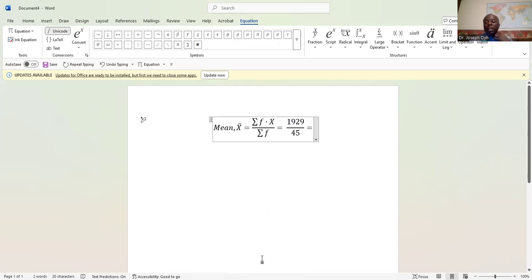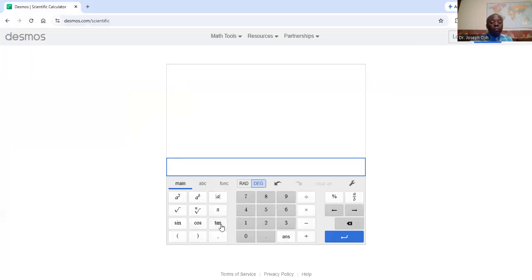Let's go to a calculator. 1929 divided by 45 is approximately 42.9. Write it down.